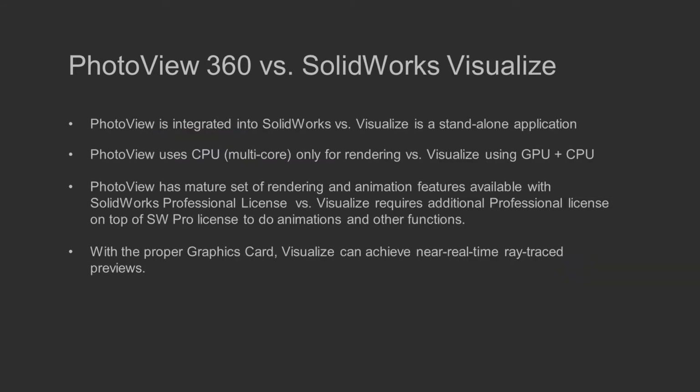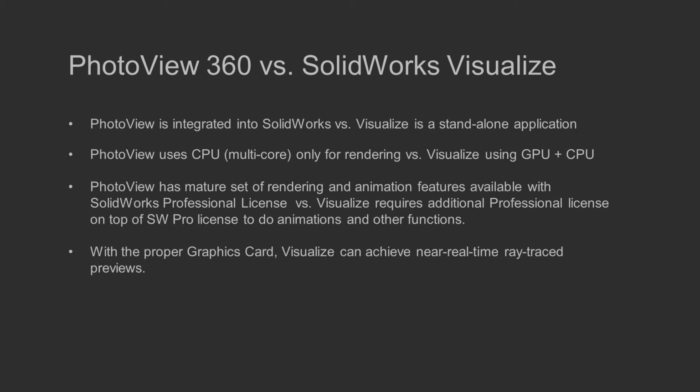The difference between PhotoView 360 and Visualize. Well, PhotoView, as I said, is an integrated product to SolidWorks since 2011, and Visualize is a standalone rendering application. PhotoView uses multiple CPU cores, like virtual cores.